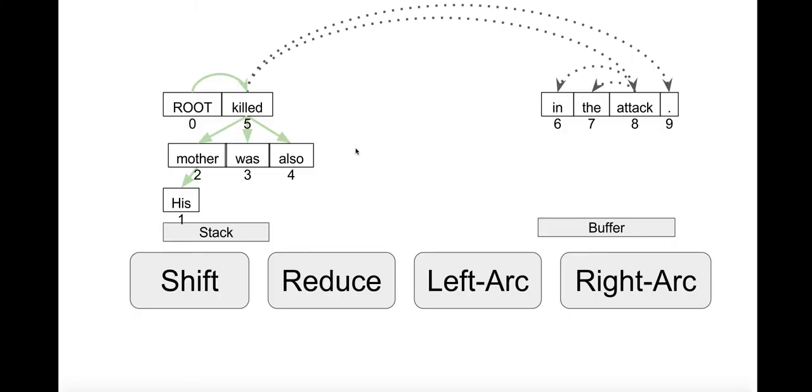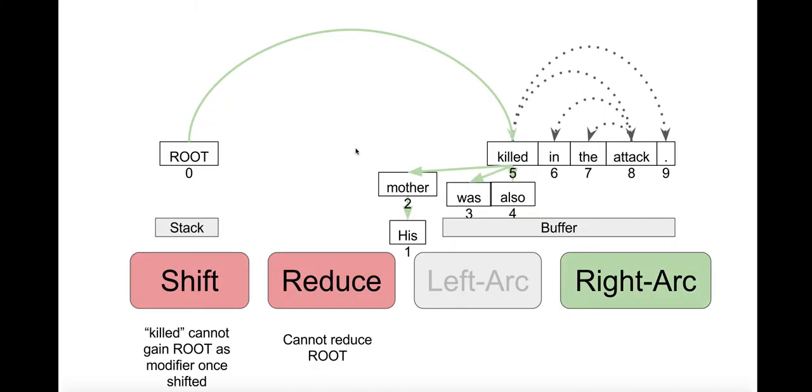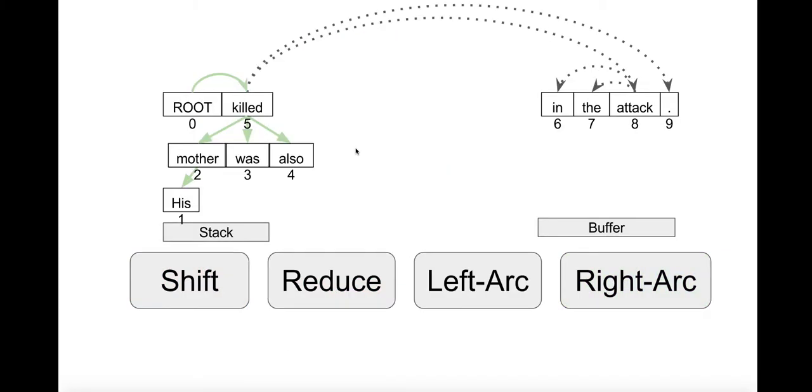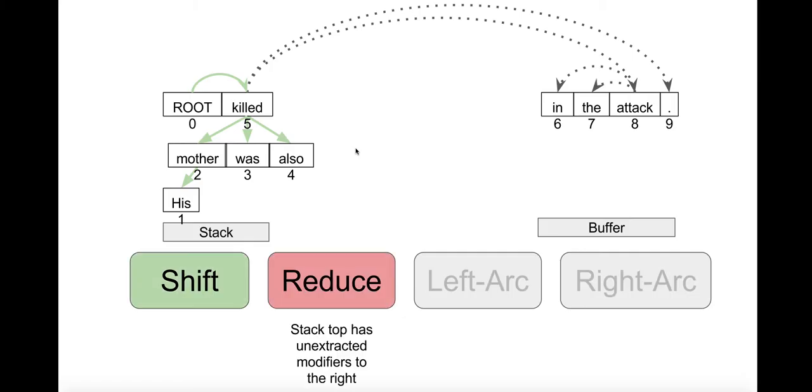So note that once we have a right arc, the token killed or top of the buffer needs to be added to front of the stack. Once we do that, we are yet again left with 4 choices. Left arc and right arc is not possible.